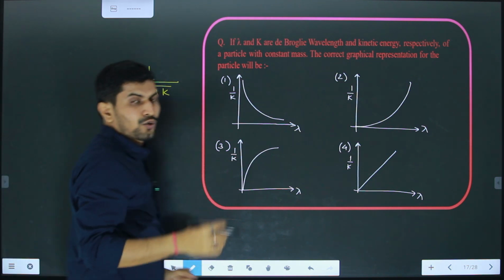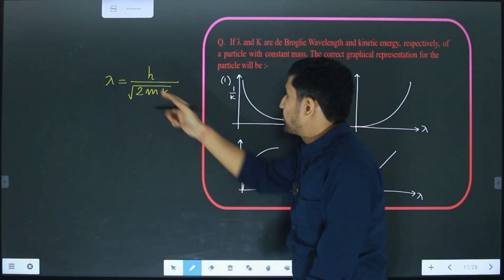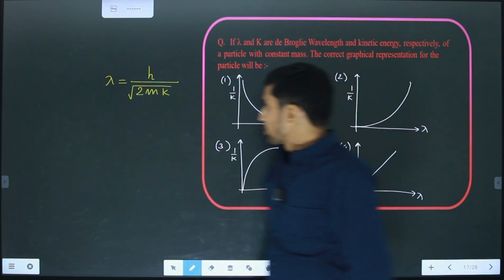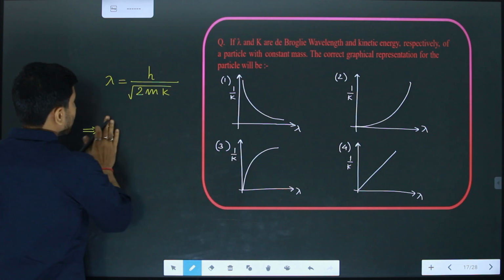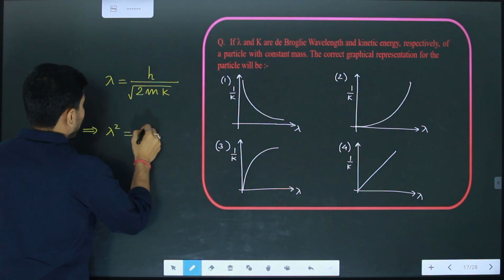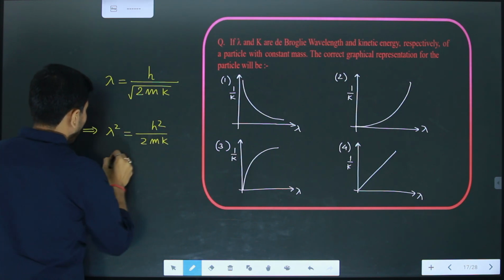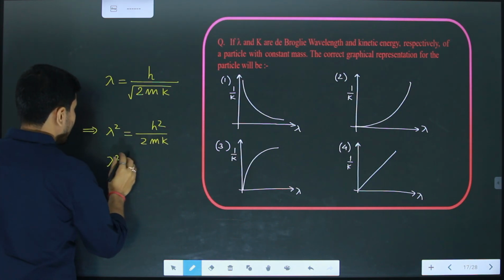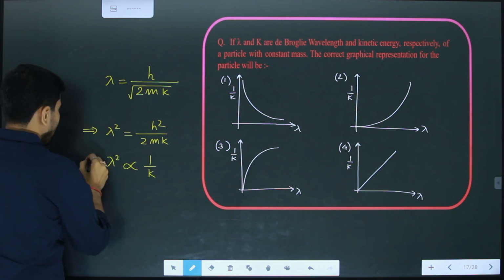If a particle whose mass is m and if it is moving with kinetic energy k, the de Broglie wavelength is written like this, okay. Now let me square both sides. So this will be equal to lambda square and h square by 2mk, and we understand that this lambda square is inversely proportional to 1 by k.